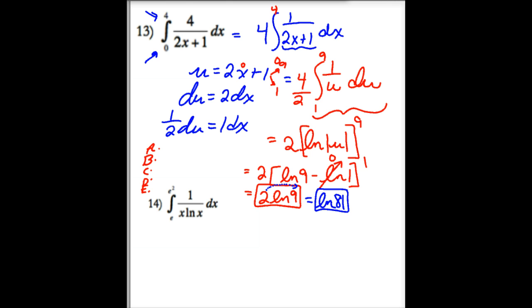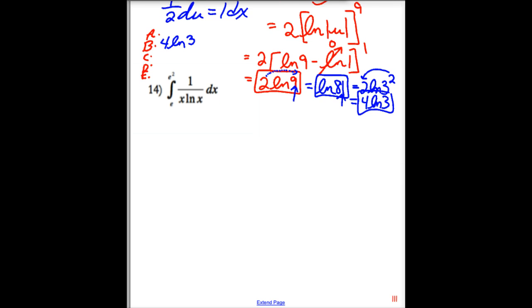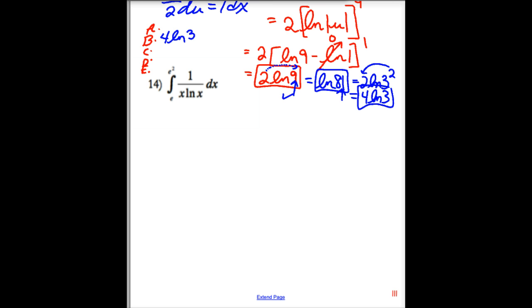Or maybe if you wrote this as 3 squared or this as 3 to the 4th, watch what happens. When you bring the power up front, you get 4 ln 3. And maybe that's what was sitting here and you just didn't recognize it. So you'd hate to go through all that work and then not be able to play with logarithms well enough to find your right answer. So any of these are legal answers for that problem.